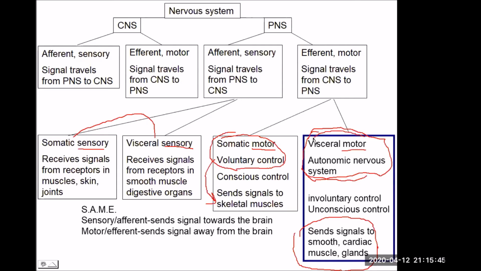And again, this involuntary autonomous function, the motor signal to help stimulate the pacemakers in the heart, for example, stimulating smooth muscle and blood vessels, your iris, and any of your glandular features, sweat glands, for example. That's all this visceral motor division.